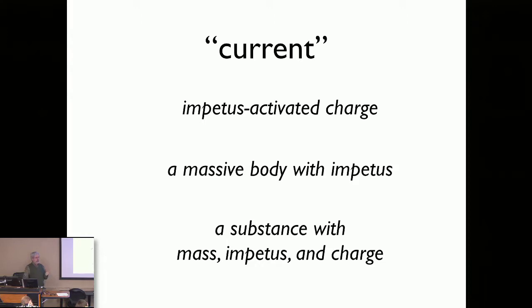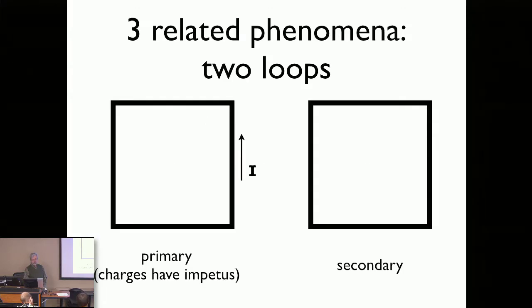Okay, and remember that current is a shorthand word here. By current, specifically, remember, we mean a body with charge and impetus, or that has parts, virtually, charged parts with impetus. So we're going to talk about currents.